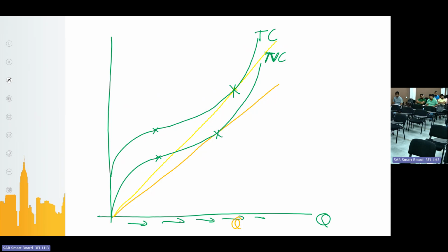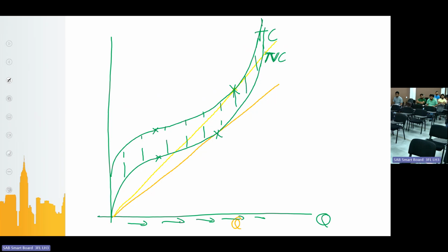The curves are getting very much closer, but they are not touching each other. But anyhow, the vertical distance will be the same at any point of output.